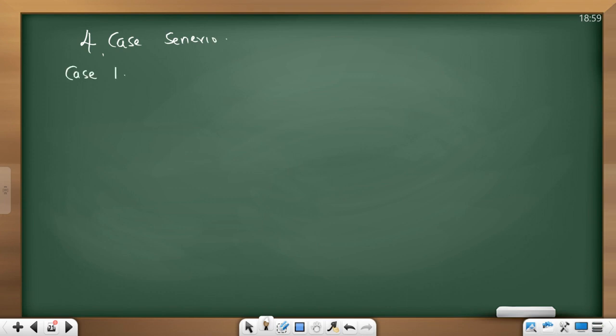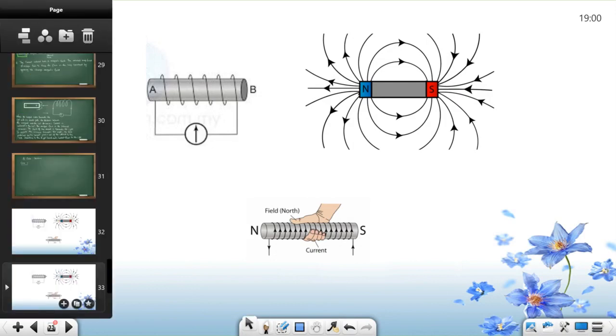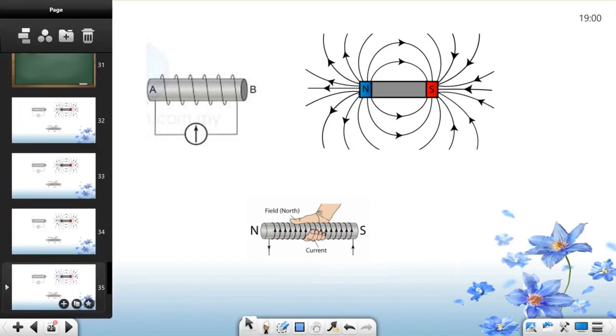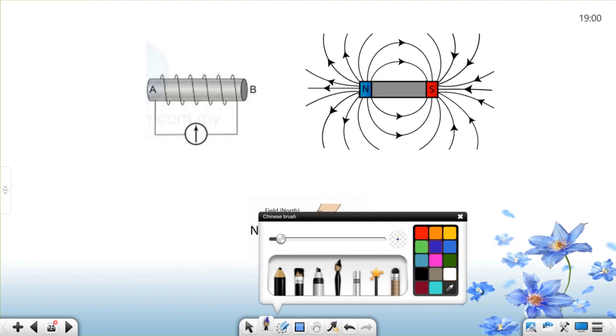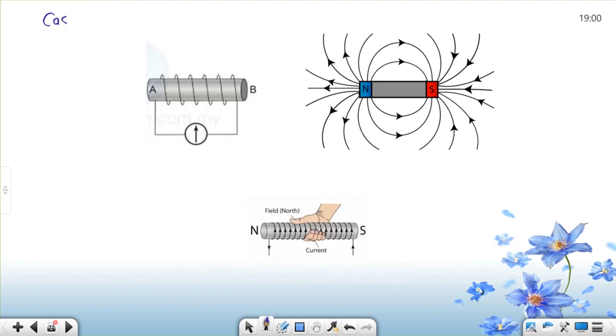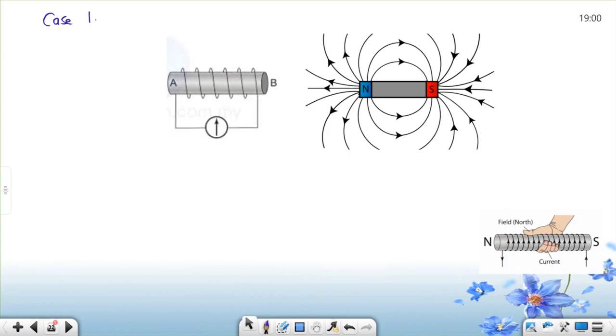Case 1. I think I do have, all right. Let me use this for case 1. Let me duplicate all of this. Okay. Case 1, I want to use this to explain something to you. Check this.